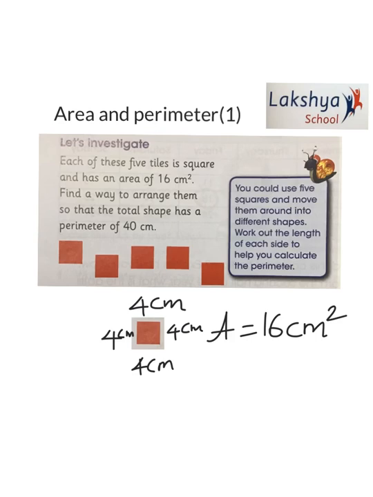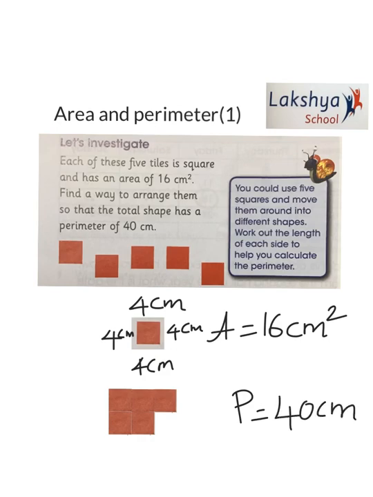Now we need to arrange these 5 tiles so that we have a perimeter of 40 centimeters. This is one of the ways of arranging the tiles so that we get the perimeter of 40 centimeters. Let's check this out.